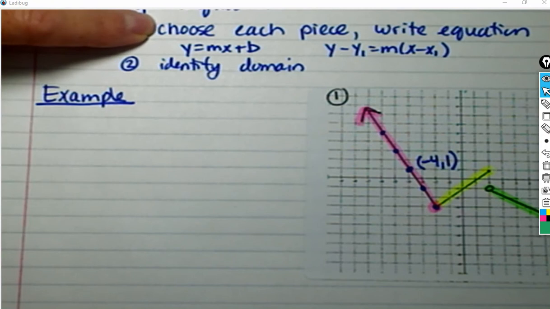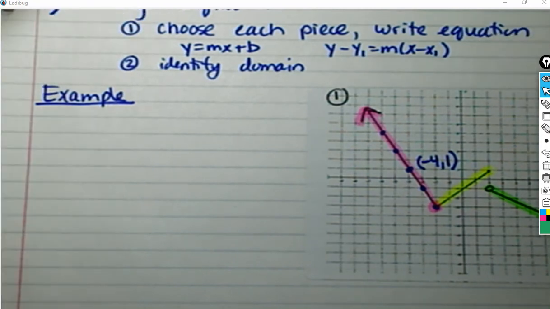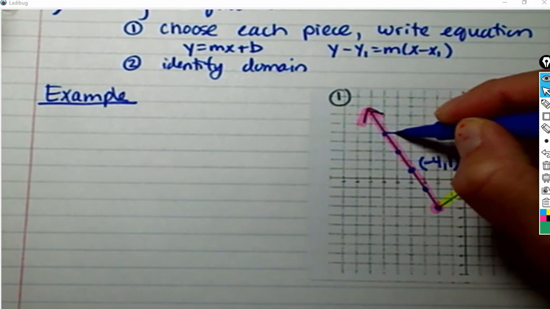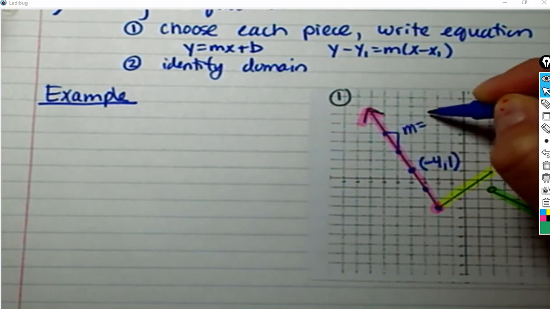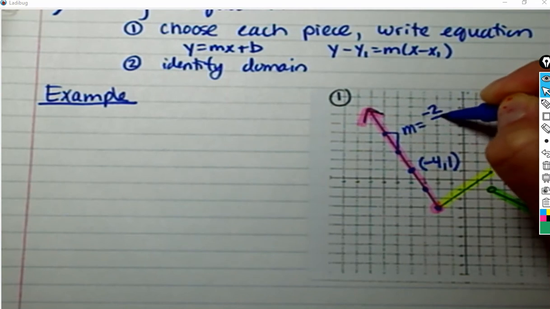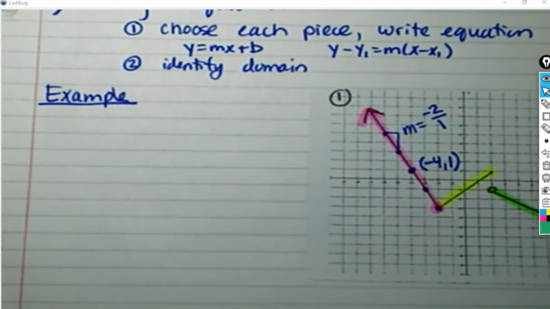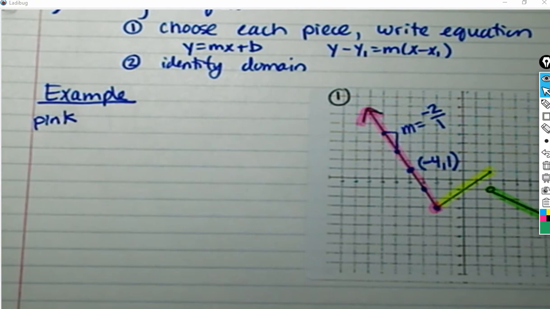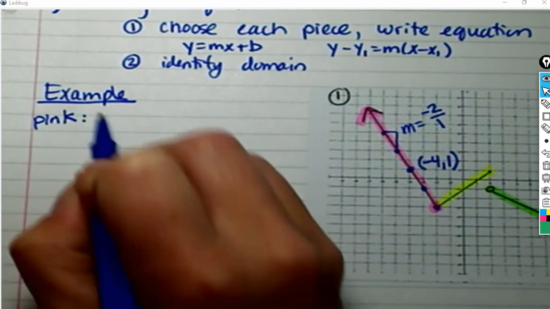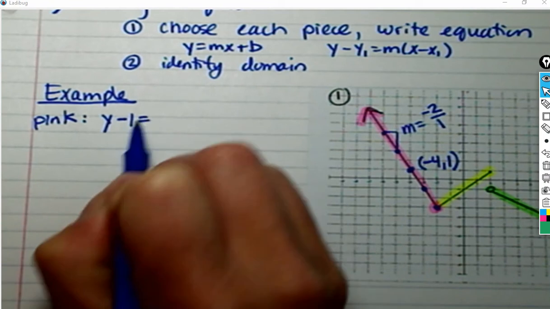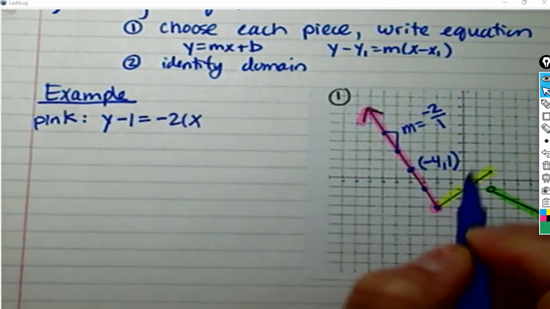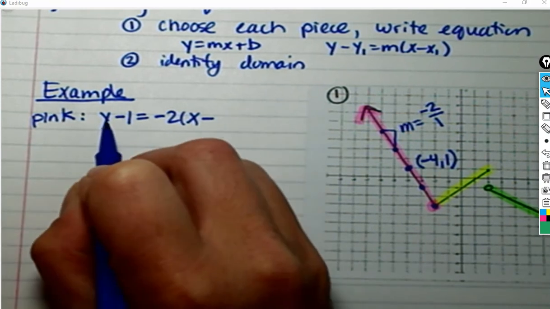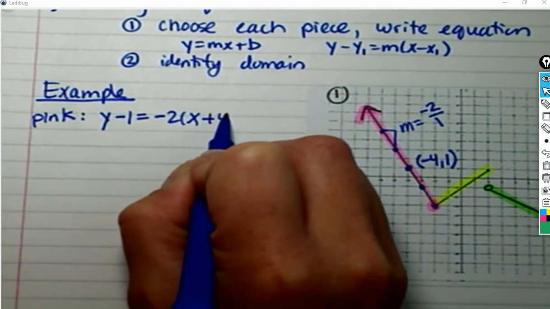What do you need to write the equation of a line? A point and a slope. Now pick the slope. Rise over run. Okay. So I'm going to come over here and put that information together. I'm working on the pink one here. y minus y1 equals slope times x minus x1.